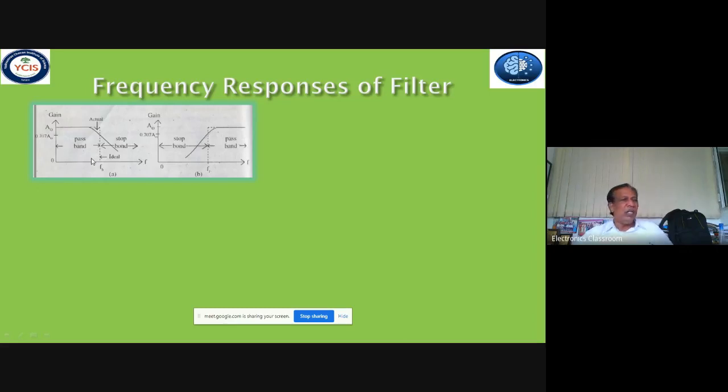We observe from these pictures that from 0 to FC, within that range of frequency, the gain of the filter is constant. That is, A0 is constant. That gain is sufficient to transmit the signal from the source point to the destination point, so that range of frequency, the band of frequency, is known as a pass band.